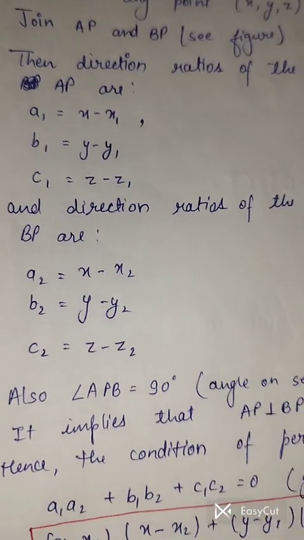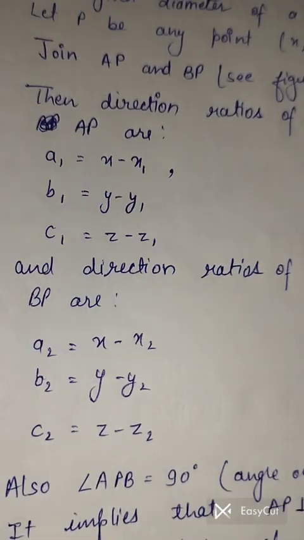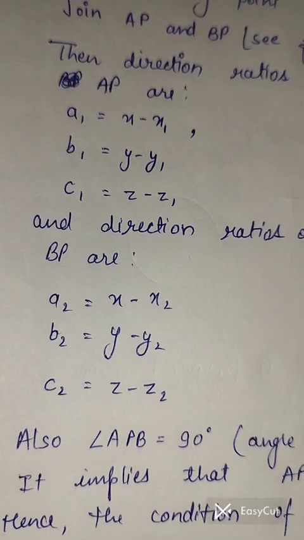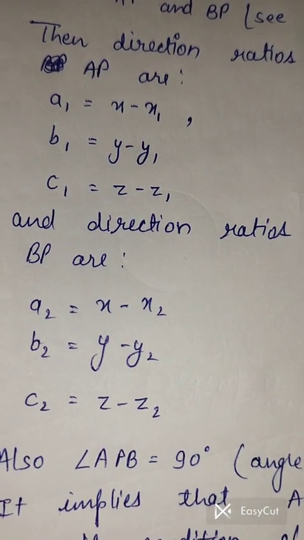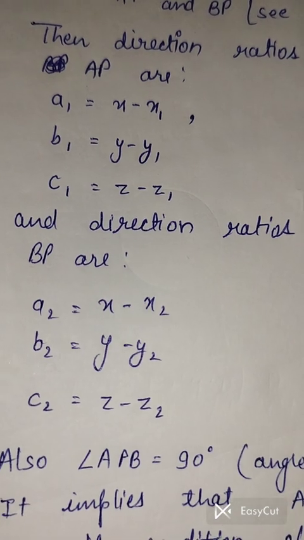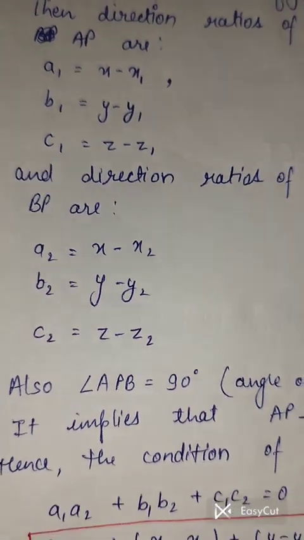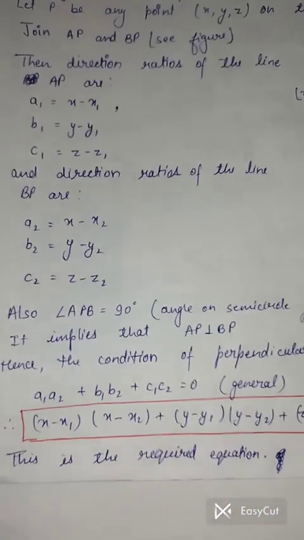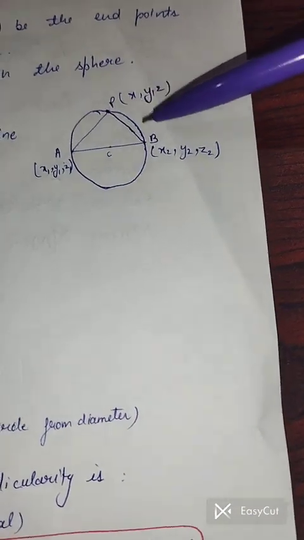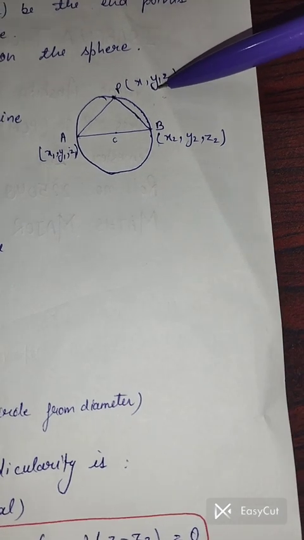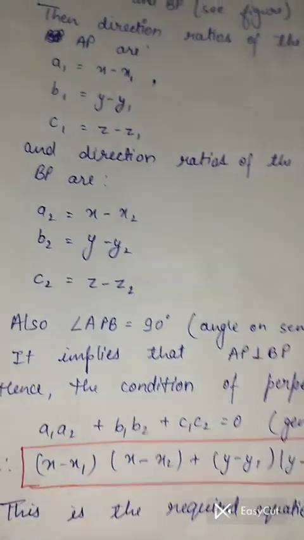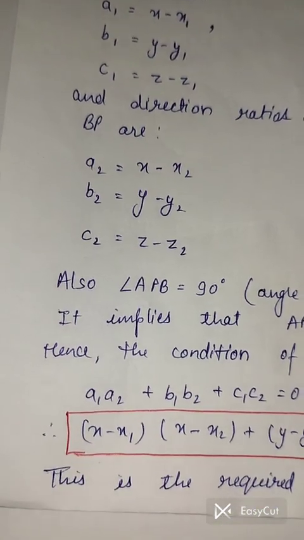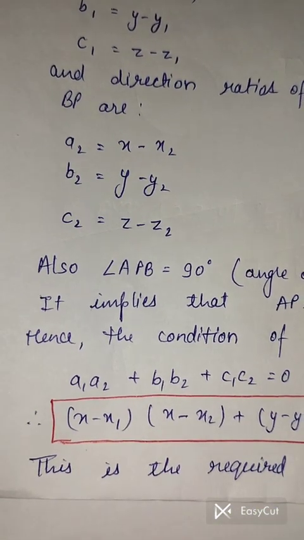So the direction ratios will be A1, B1 and C1 with the values as A1 is equal to x minus x1, B1 is equal to y minus y1, C1 is equal to z minus z1. And similarly, the direction ratios of the line BP will be x minus x2, y minus y2, z minus z2. Let these direction ratios be A2, B2, C2 respectively.